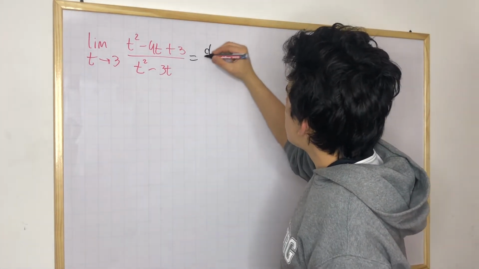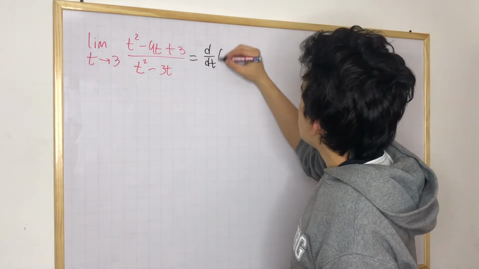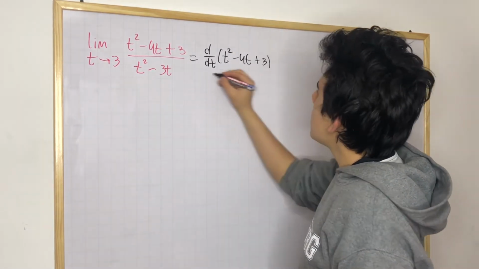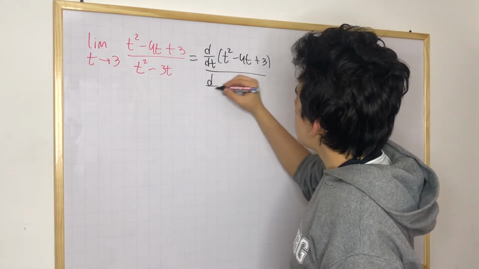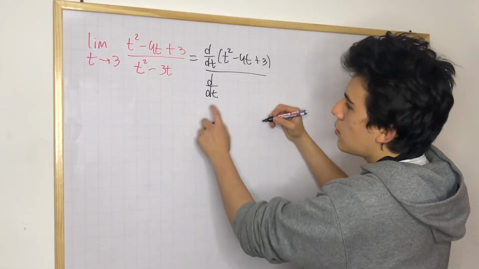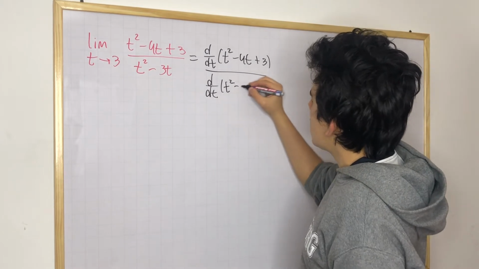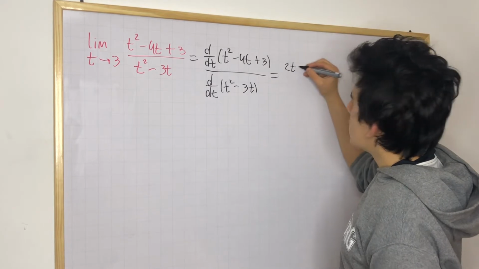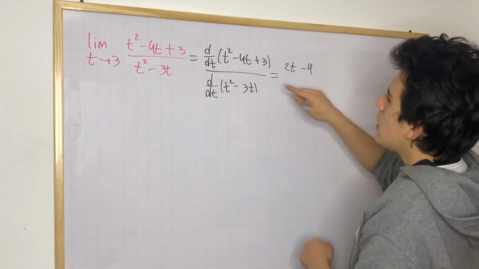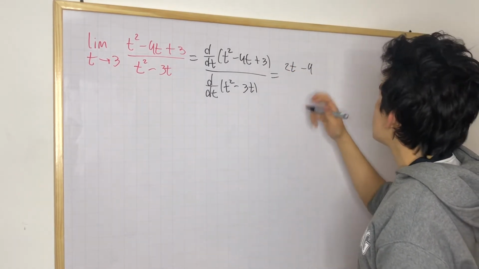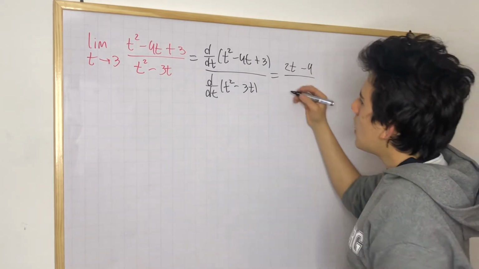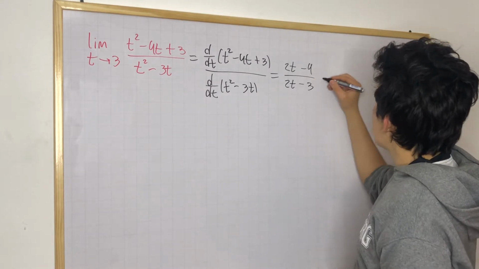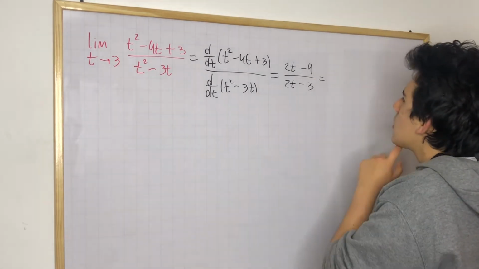So we're going to have the derivative with respect to t for the function t squared minus 4t plus 3, this entire thing divided by the derivative with respect to t for t squared minus 3t, and this is gonna be 2t minus 4, okay? In this case, t goes to 1 and 3 goes to 0, over, we have 2t minus 3, okay?